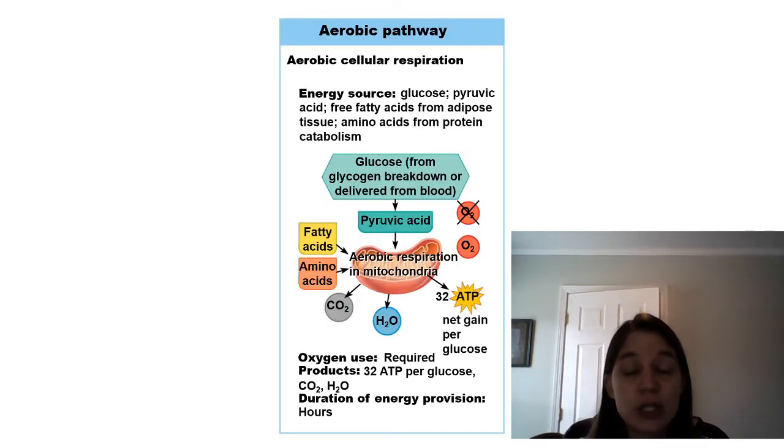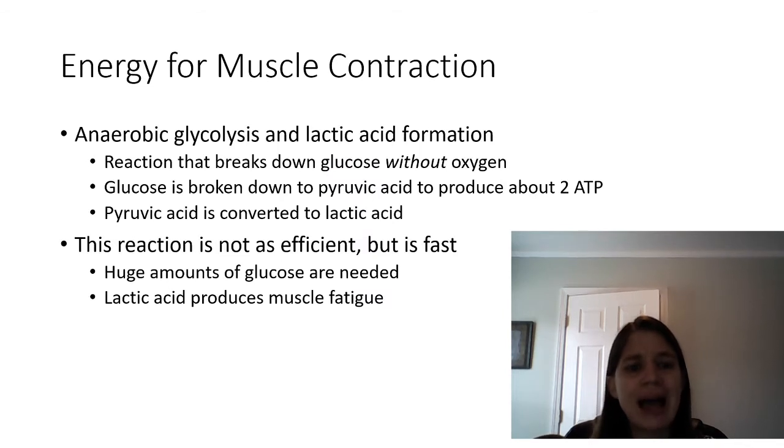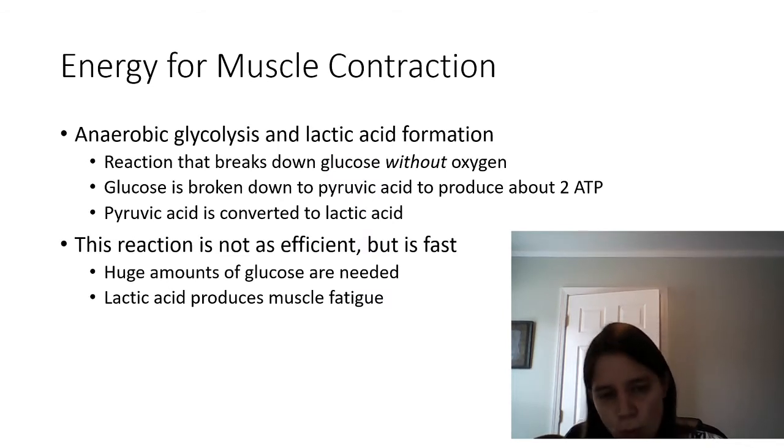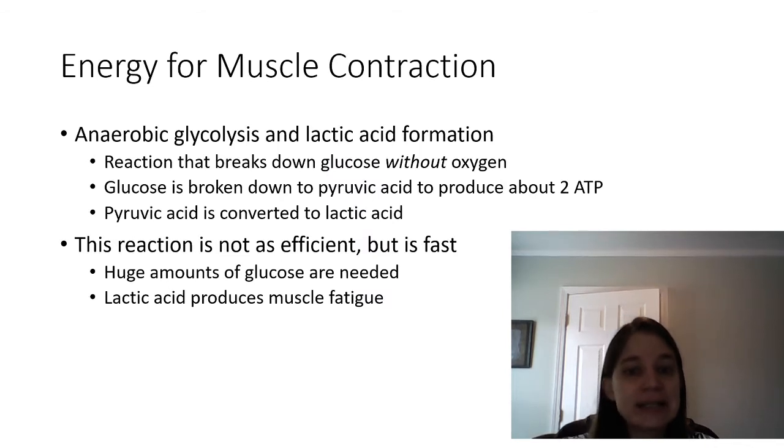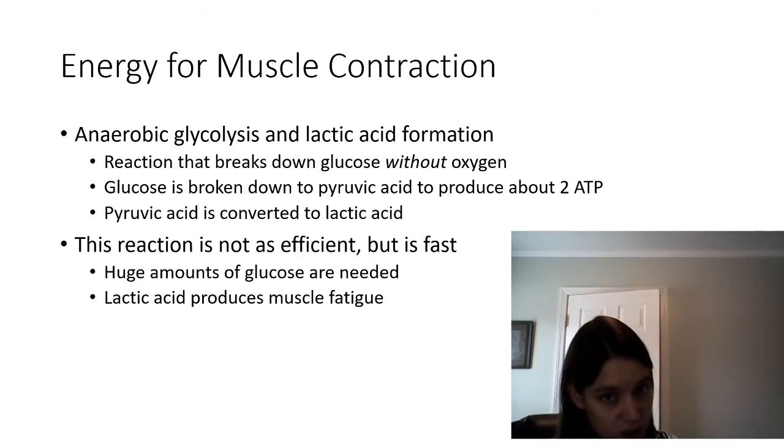The aerobic pathway is really, really efficient, the pathway that uses oxygen. Anaerobic glycolysis with lactic acid formation doesn't take oxygen. It doesn't take oxygen, and it's really fast. So it can bridge that gap between when you're out of creatine phosphate, but you haven't made enough via aerobic respiration.